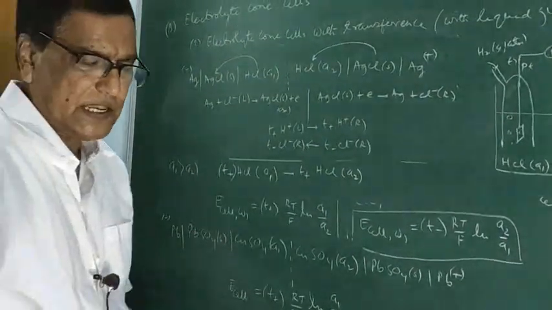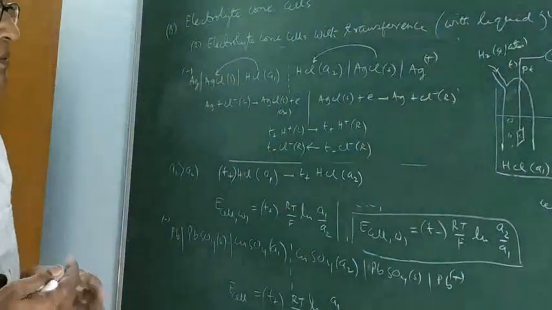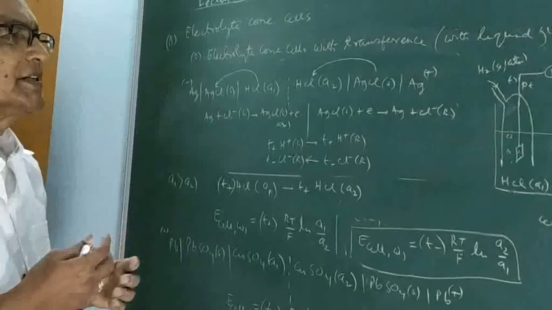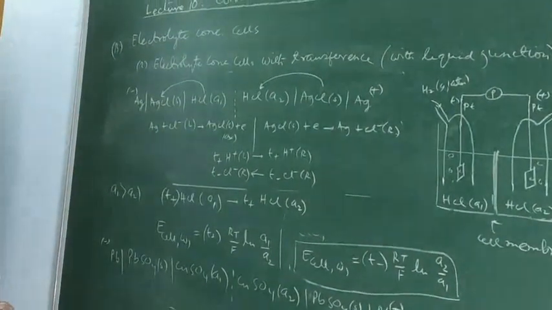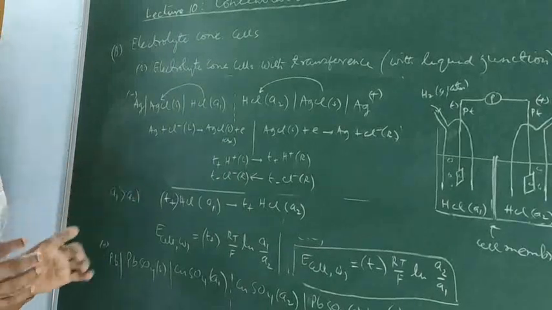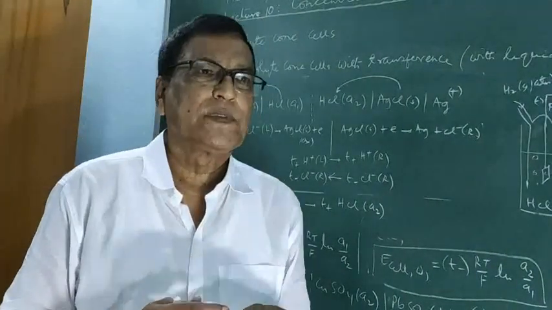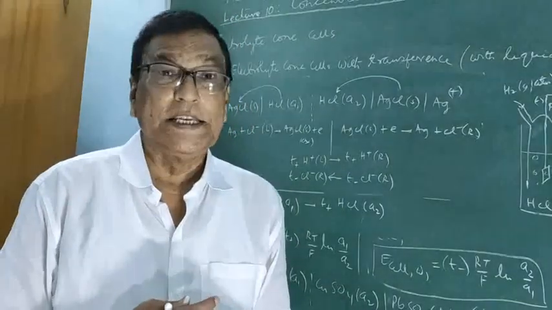I have tried to discuss it more elaborately, more fully, taking all sorts of considerations, and the next day I shall try to explain and categorize the applications of EMF measurement.